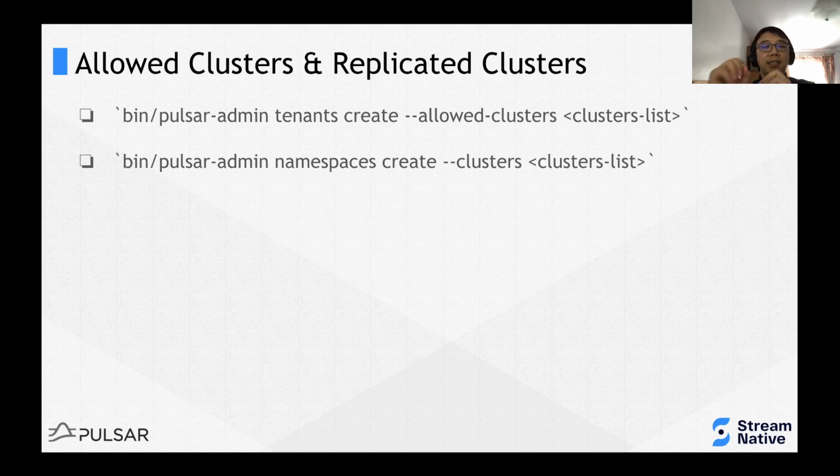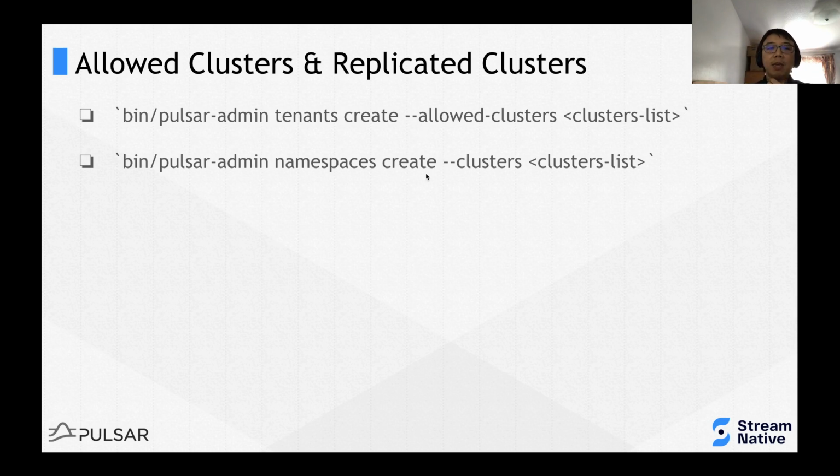You are able to create namespaces and topics and allow topics to produce and consume messages within these clusters. So this is called allowed clusters, but it doesn't mean that all the namespaces with this tenant will be replicated across all the clusters provided in this list.